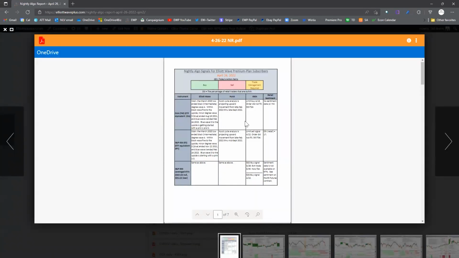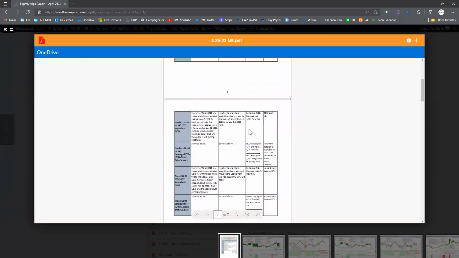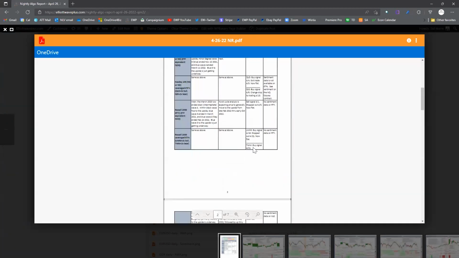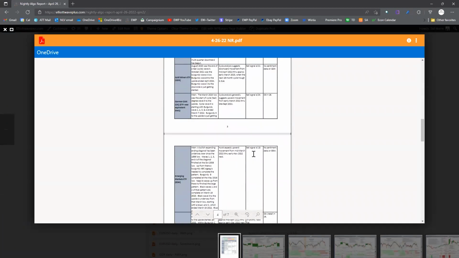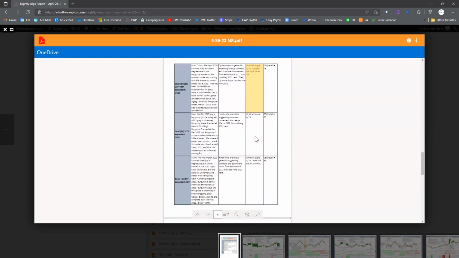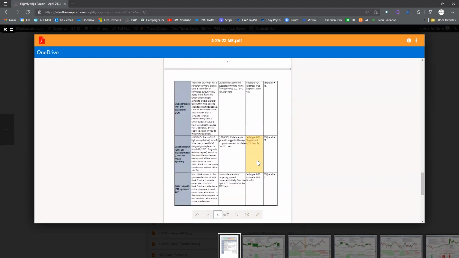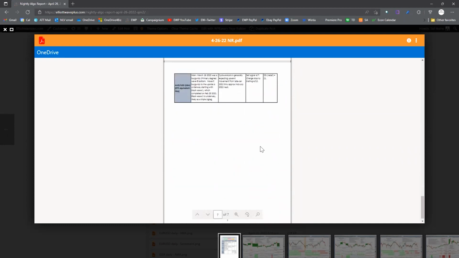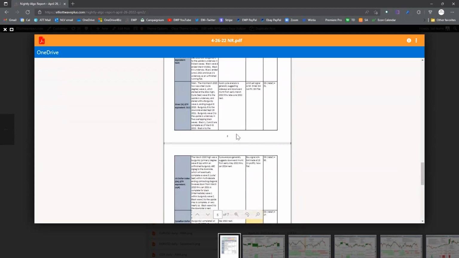The summary report color codes any new signals or action items from the algo. And it looks like on crude oil, there was a limit sell signal that was stopped out today, and it's gone back to a flat position. Also, on the Canadian dollar, there was a sell signal yesterday, quickly stopped out today, and no other action items there.